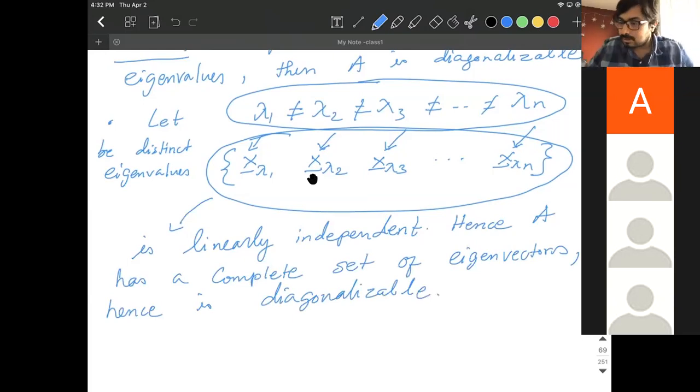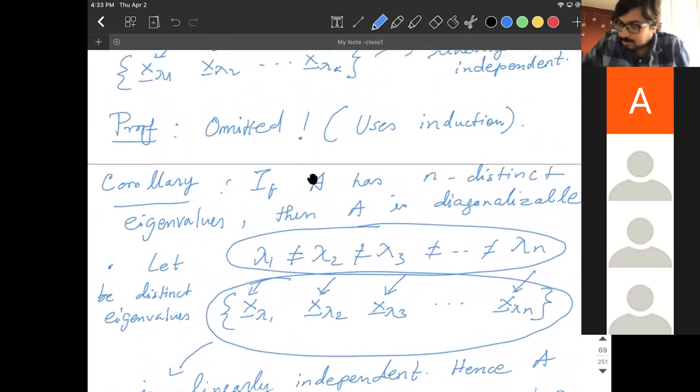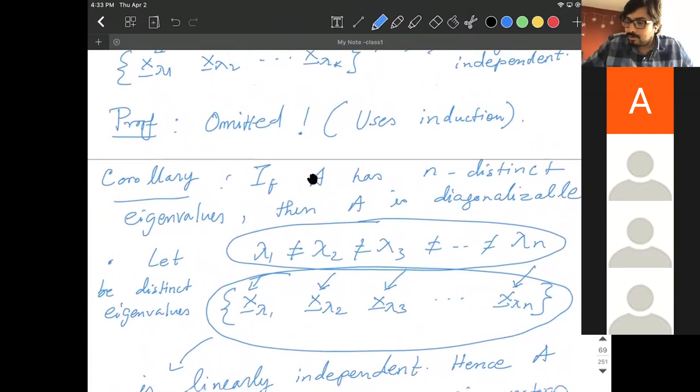Okay, so this is an important corollary to note down. Suppose for a matrix you find out that it has exactly n distinct eigenvalues, where A is an n cross n matrix.